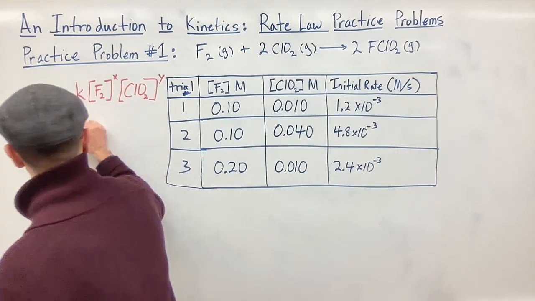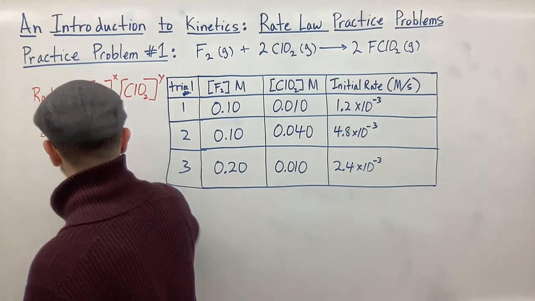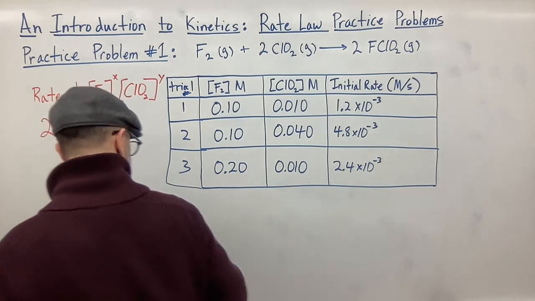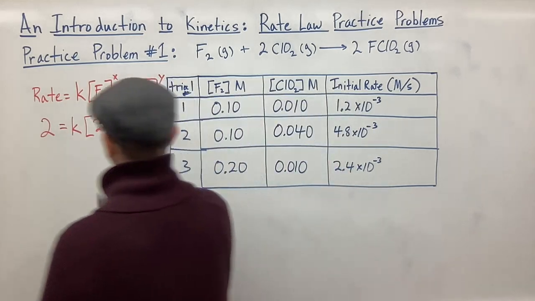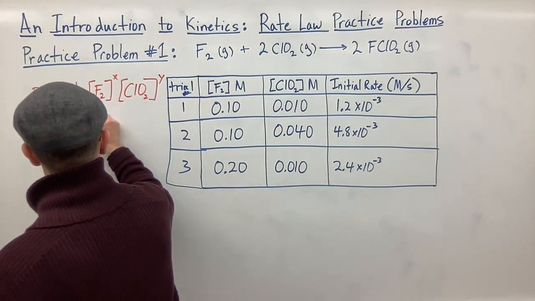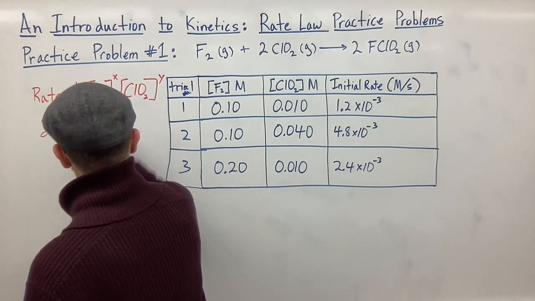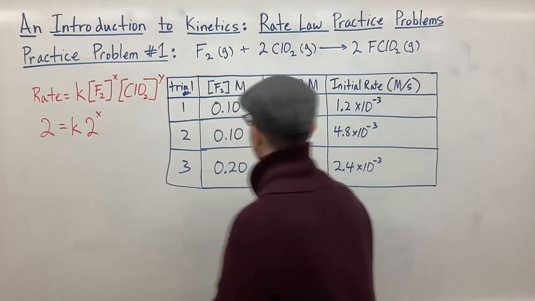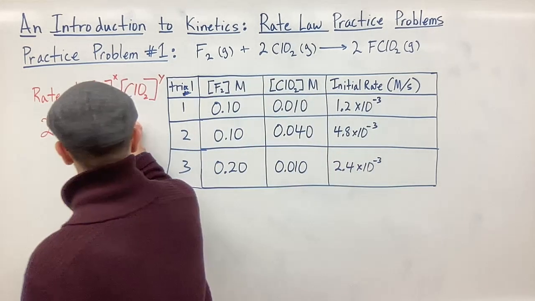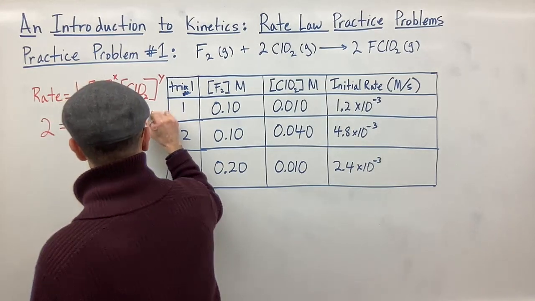So we'll have k here, and we'll put a 2 in for F2. So the concentration doubles, and we'll have our x there, and then we'll have the ClO2 to the y.